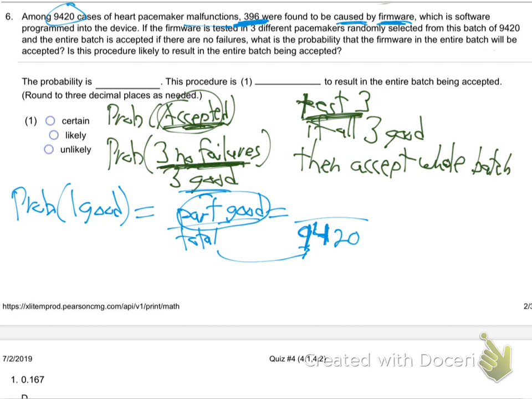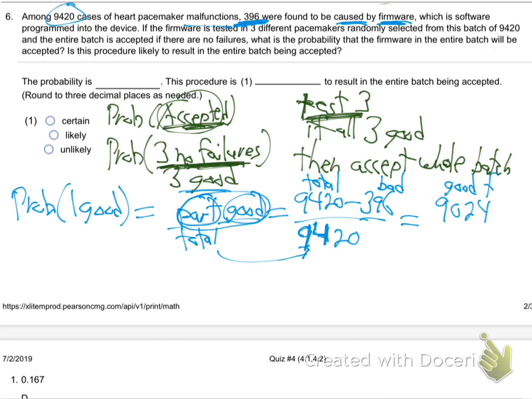So what part was good, meaning not a firmware problem? Well, that would have to be the total minus the 396, wouldn't it? Because 396 had bad firmware, and 9,420 is the total number. So if you subtract the ones that are the bad firmware, subtract that on the top there, and what do you get? You get 9,024 that have good firmware over 9,420 total, right?